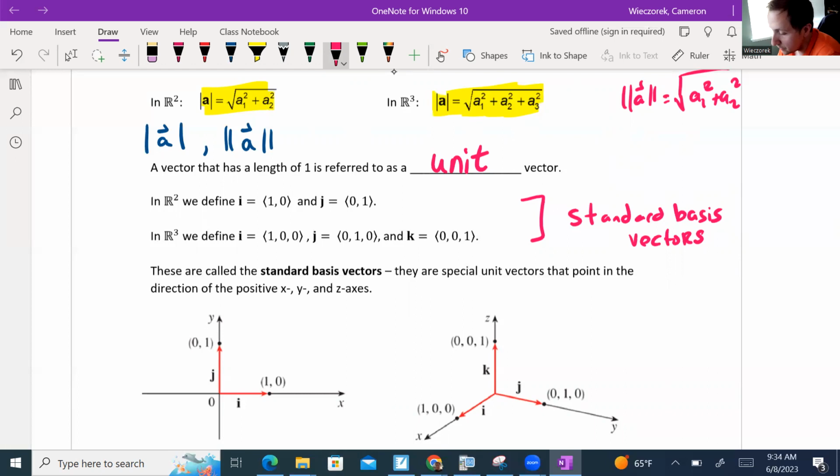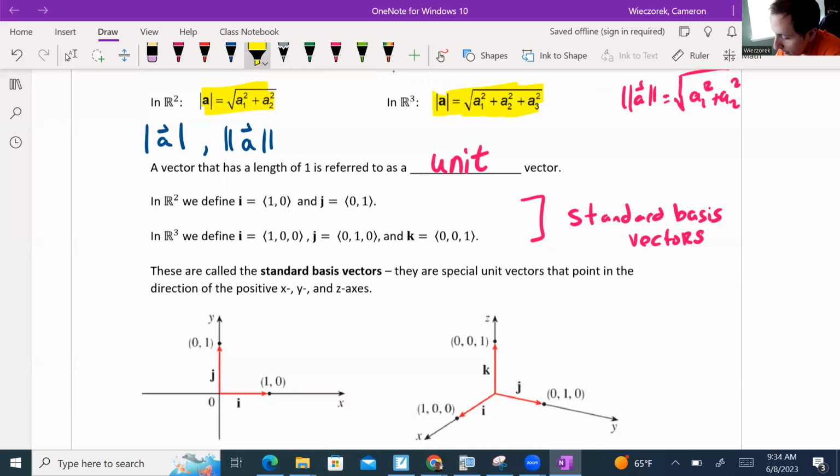And these are just the vectors that define, really any vector can be represented in terms of these standard basis vectors, 1, 0, 0, 1. If you're working in R3, 1, 0, 0, 0, 1, 0, and 0, 0, 1. These are really the vectors that create the coordinate axes, the x-axis, the y-axis, and the z-axis. Any linear combination you take of these vectors can create any other possible vector you've ever thought of.